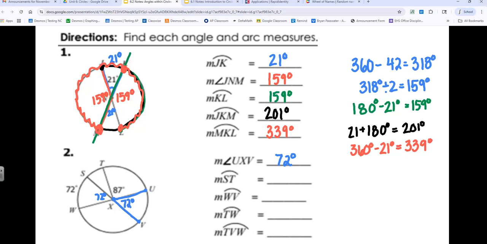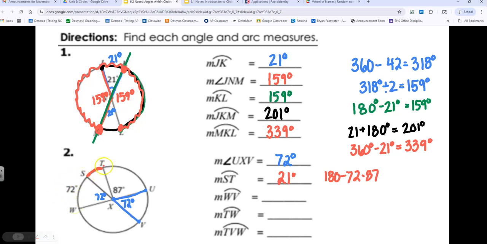Very good. All right. Emma, what'd you get for arc ST? 21 is correct. How do we get that? Right here, because WU is a diameter and cuts that circle in half, right?